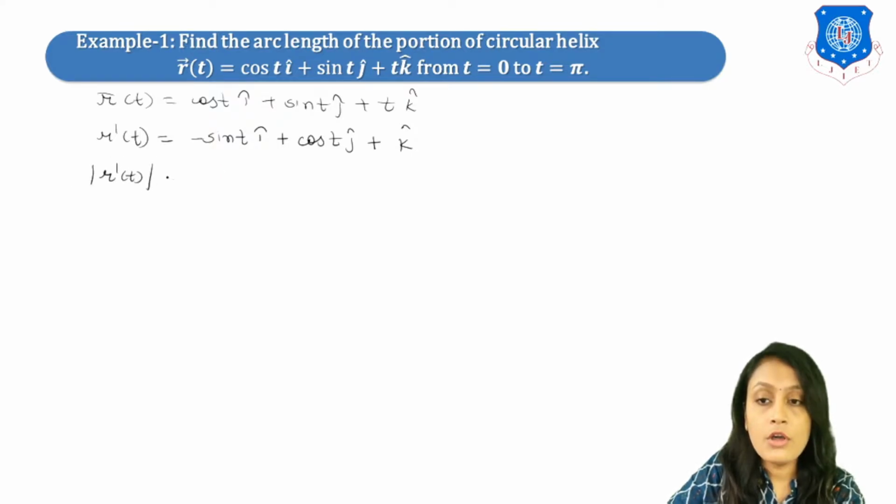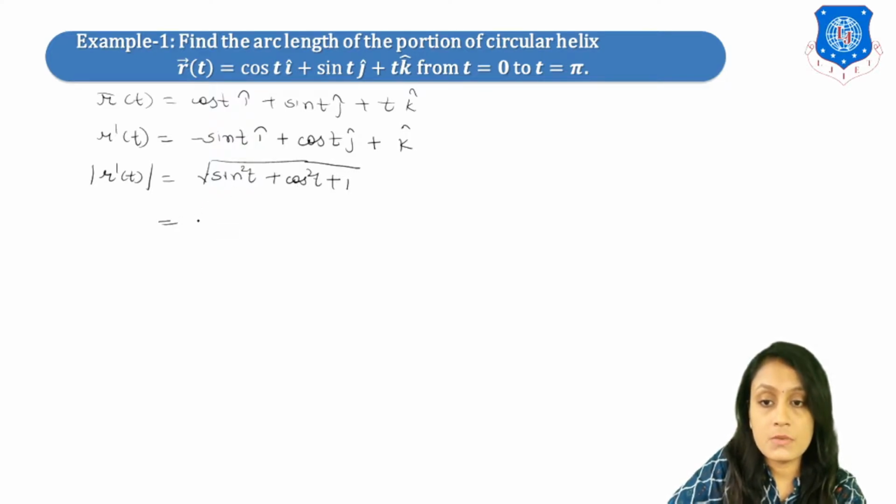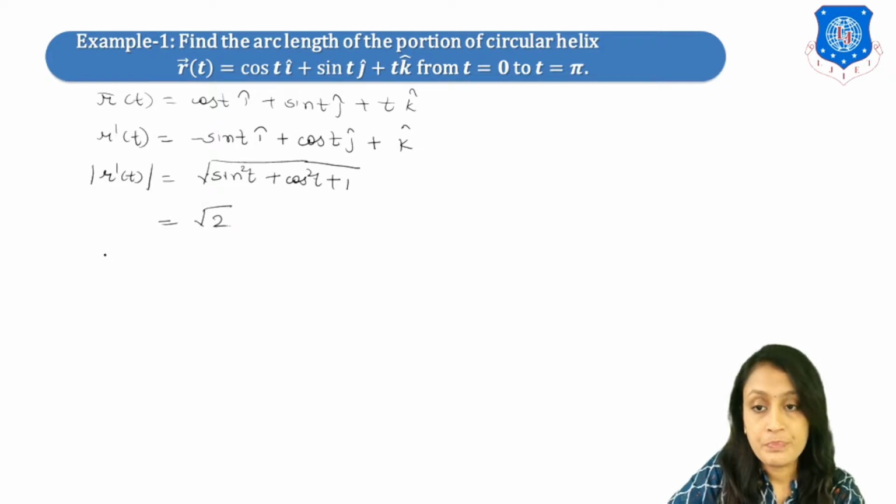So mod of r dash t is under root minus sin t whole square, so it will give sin square t plus cos square t plus 1 square, that is 1. Now we know that sin square plus cos square is 1. So 1 plus 1 will give you under root 2.